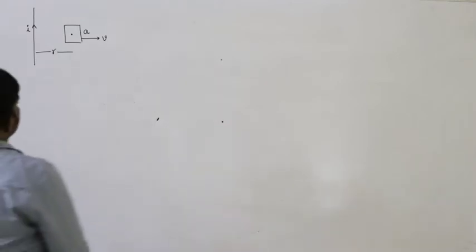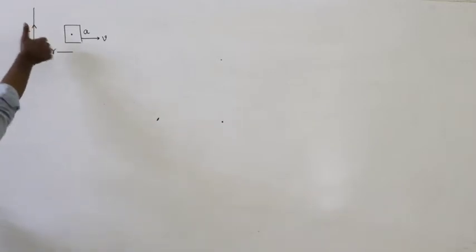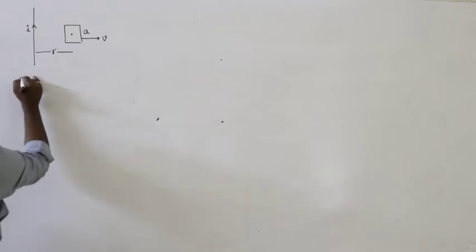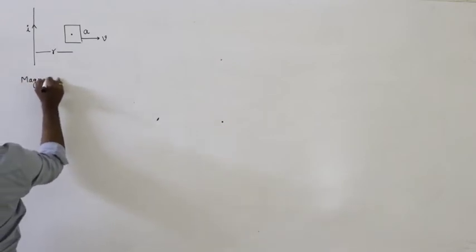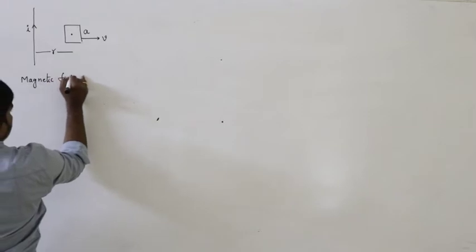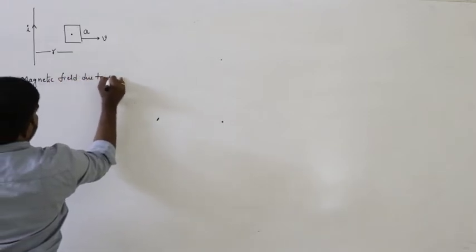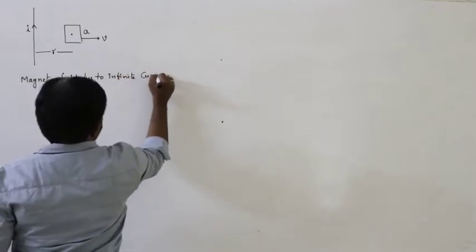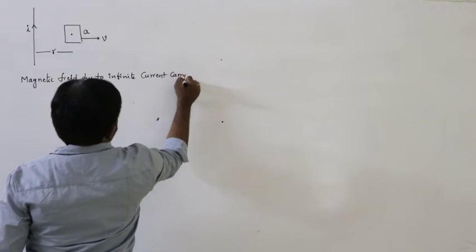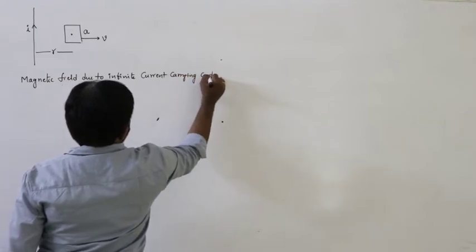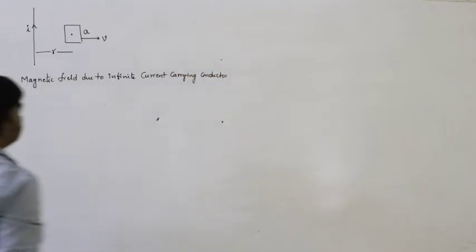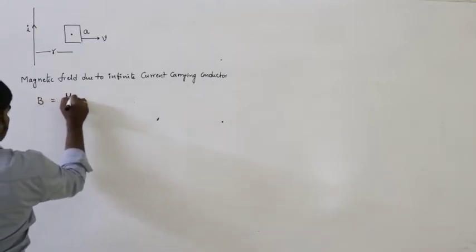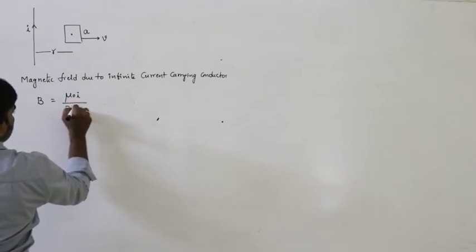Induced EMF. Due to this infinite current carrying conductor, what is the direction of the magnetic field here? Inwards. So here, the magnetic field due to the infinite current carrying conductor is B equals the general formula mu naught I by 2 pi r.